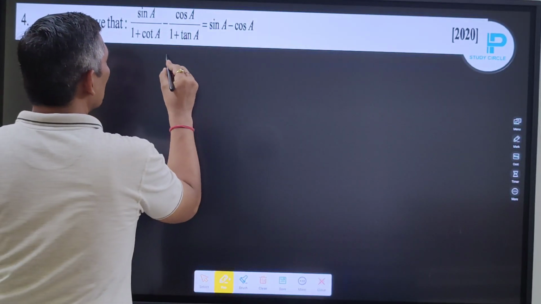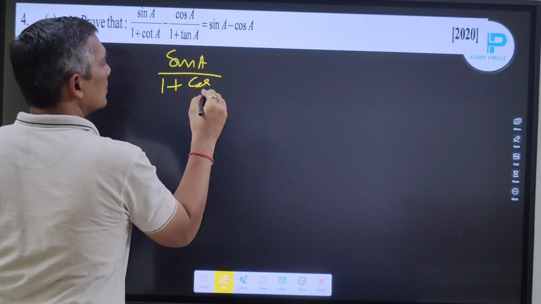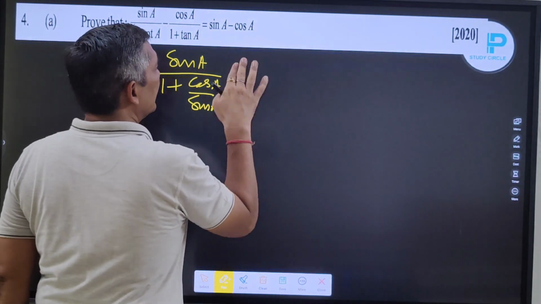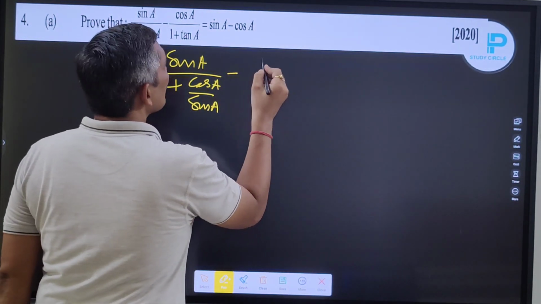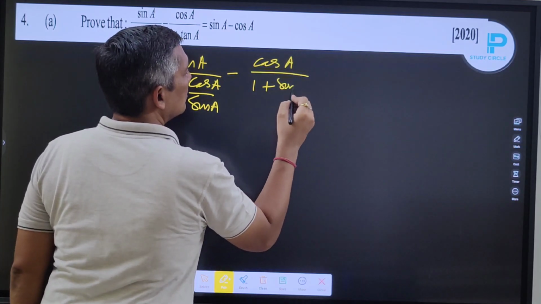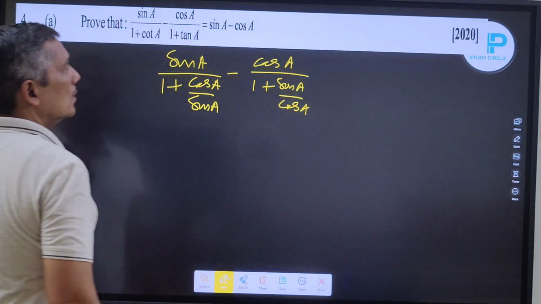So when I write down where I got cot in my question, it gives me cosine upon sine.